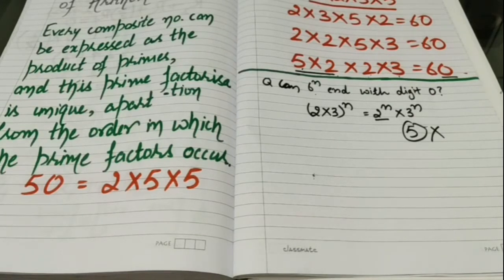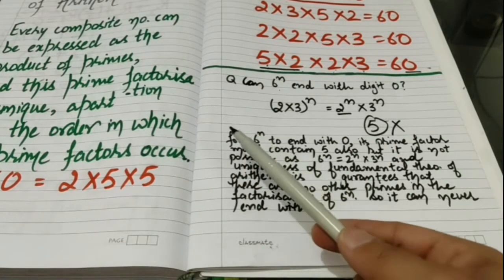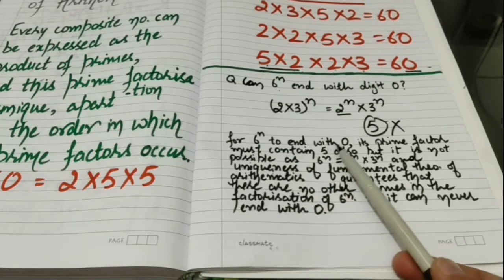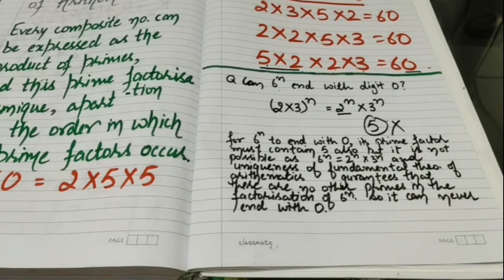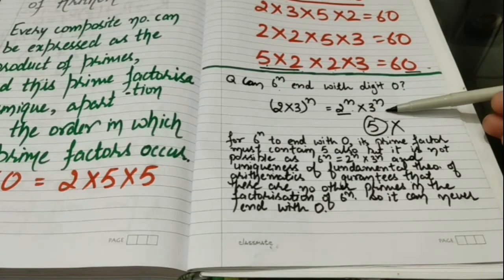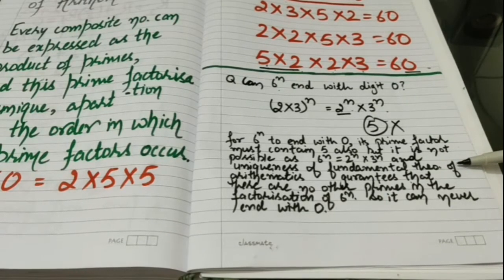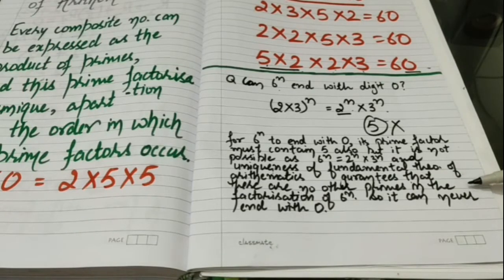So we will write: for 6 power n to end with 0, its prime factors must contain 5 also, but it is not possible, because 6 power n equals 2 power n into 3 power n, and the uniqueness of the fundamental theorem of arithmetic guarantees that there are no other primes in the factorization of 6 power n, so it can never end with 0.